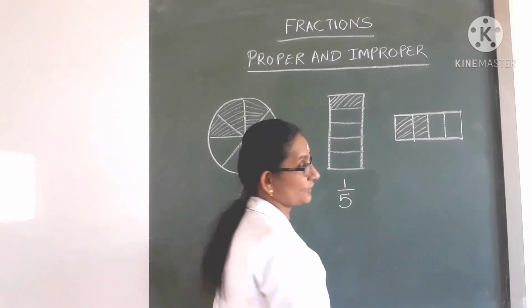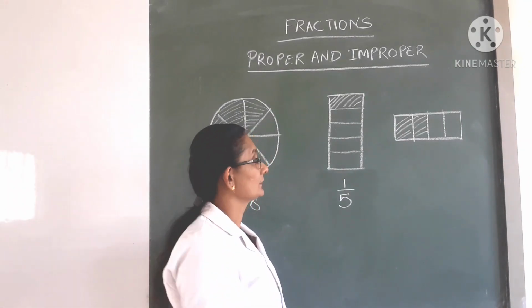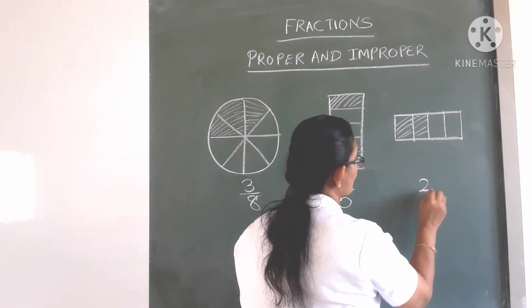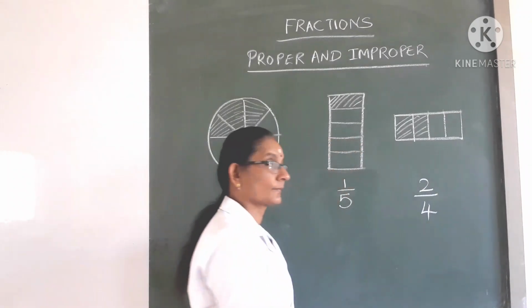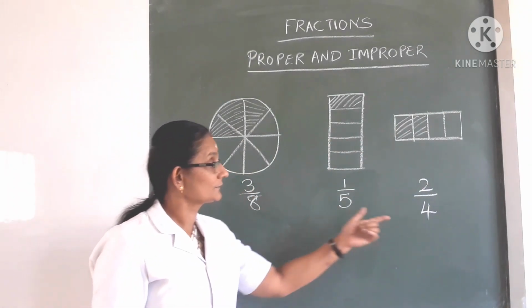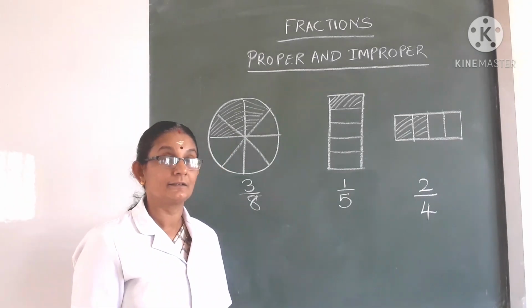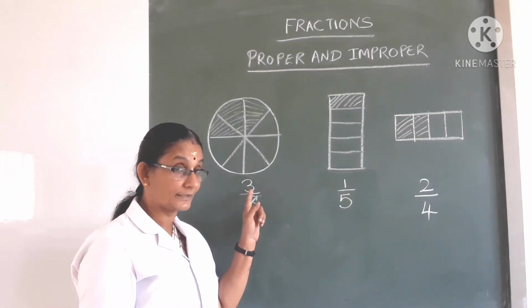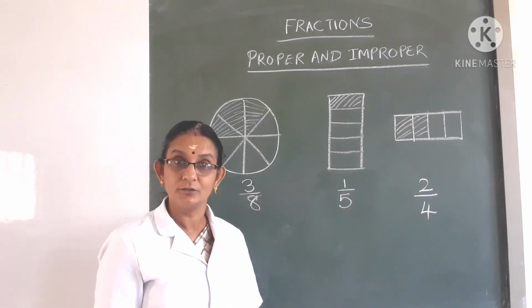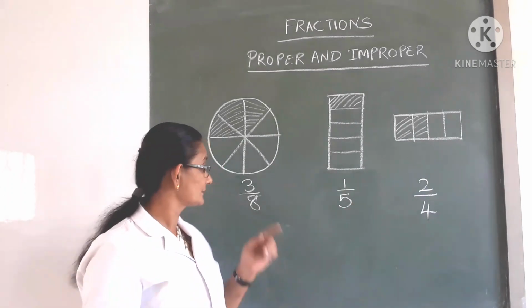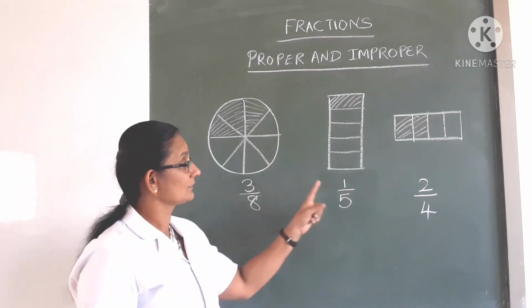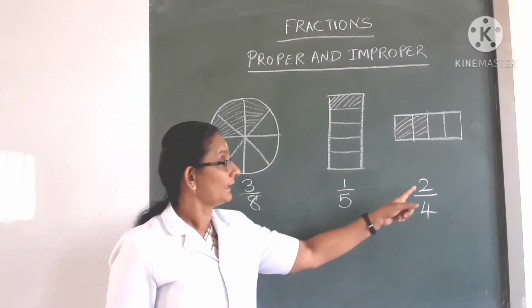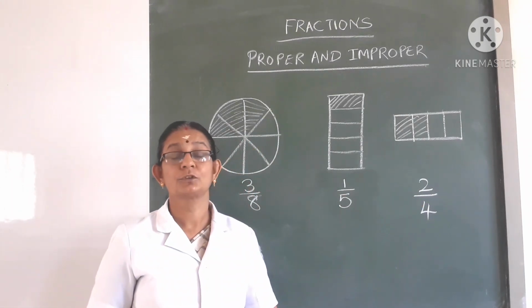And what about this fraction? Yes, the fraction is 2 by 4. So in all these fractions, you can see that the numerator is smaller than the denominator. You can see 3 is smaller than 8, 1 is smaller than 5 and 2 is smaller than 4.